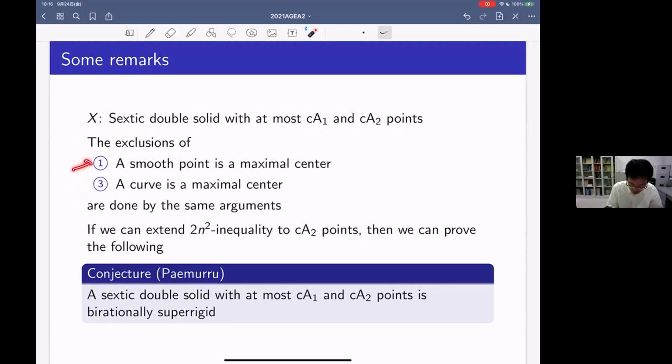We can exclude these two cases, curve and smooth point. And if we can extend the 2n squared inequality to this point, then we can prove Pemberton's conjecture. Yes, sorry, thank you very much. I stop here.